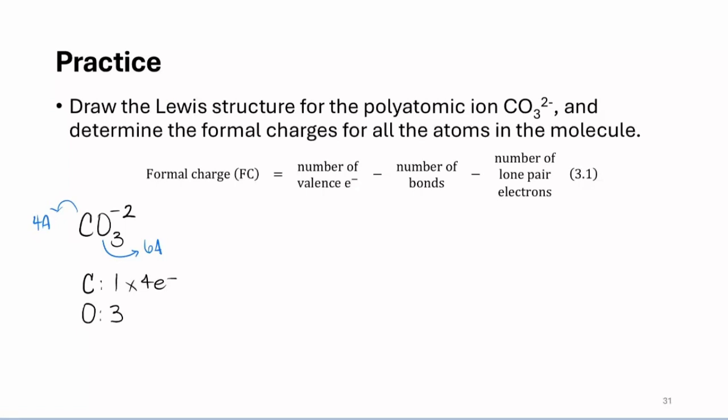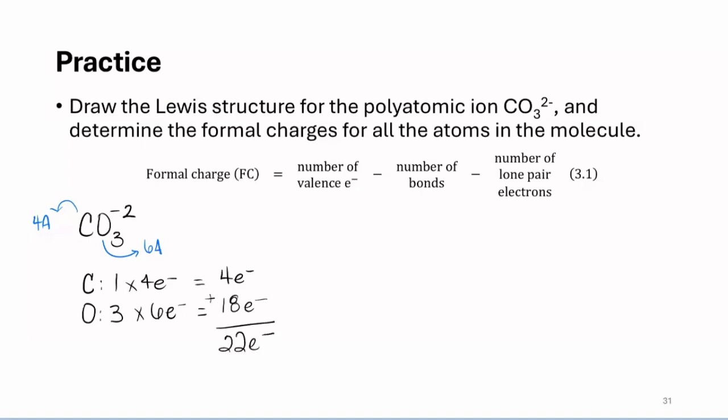And each oxygen atom is going to contribute 6 electrons. So when we multiply, we find that carbon overall is contributing 4 electrons. And when oxygen contributes electrons, there's 18 electrons. So that totals 22 electrons.